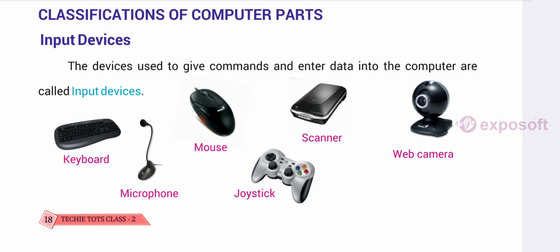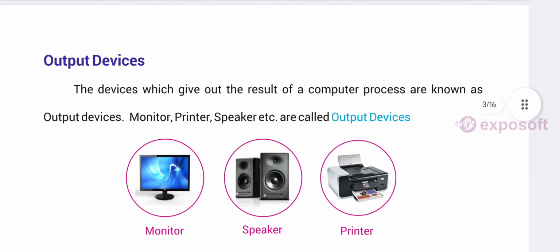If we are giving commands or entering data into the computer, then we can say they are input devices. For example, keyboard, mouse, scanner, web camera, microphone, joystick, etc. are some of the input devices.